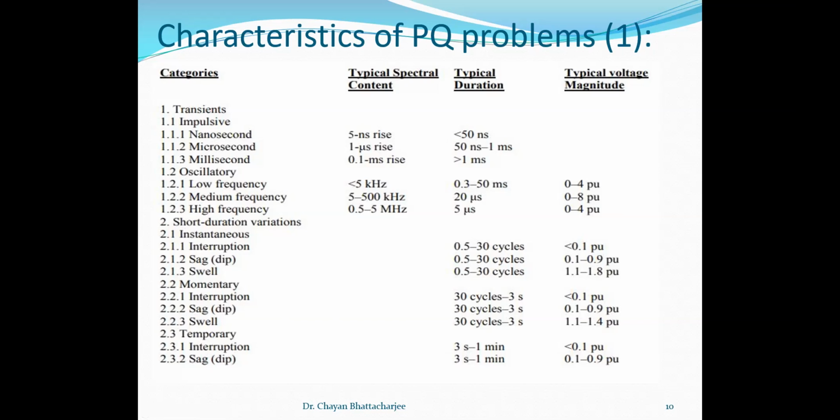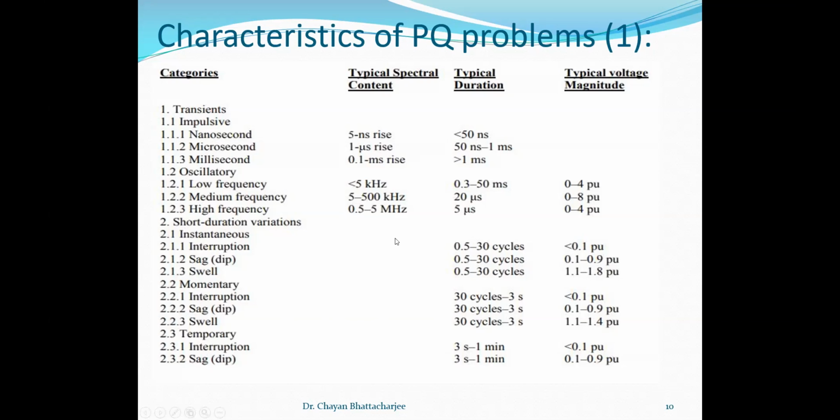But as the duration is temporary, close to 1 minute, that same device which can sustain the sag for a shorter duration will now fail. So it is very important to find the duration of stay of these voltage disturbances, not only their magnitudes. Both the magnitude as well as the duration are important.